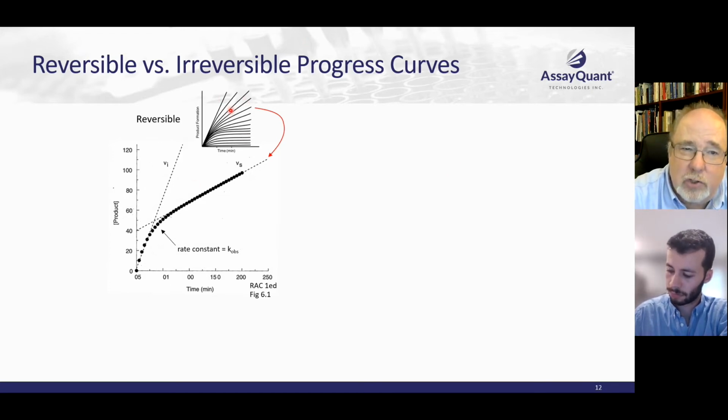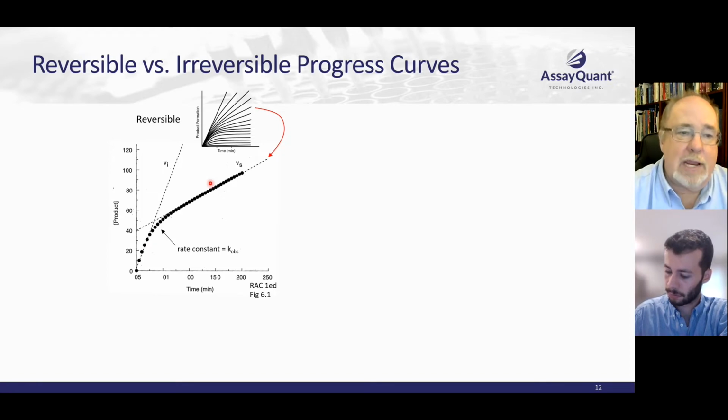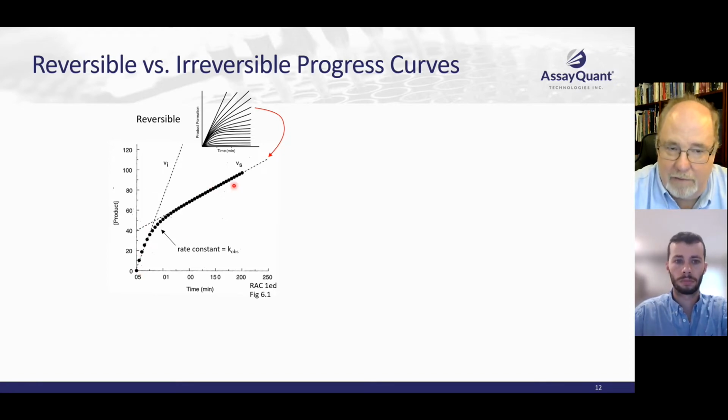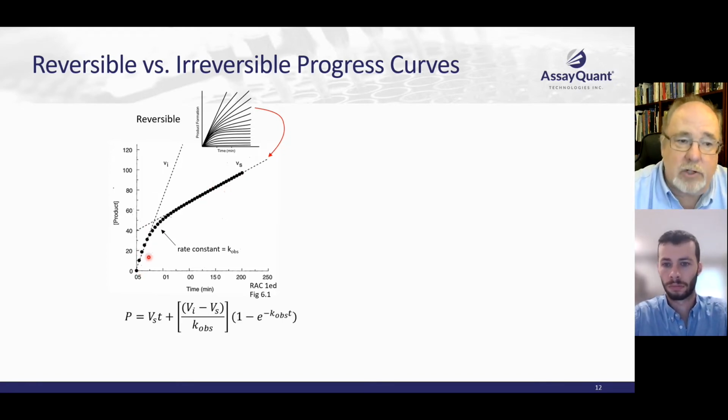And if you just extract one of these progress curves here, you have this initial rate, you have this steady state rate, and then you have the rate constant that describes the change from that first to the second. And there actually is a nice equation that you can use to monitor this exponential decay from this rate to that rate using this K observed.